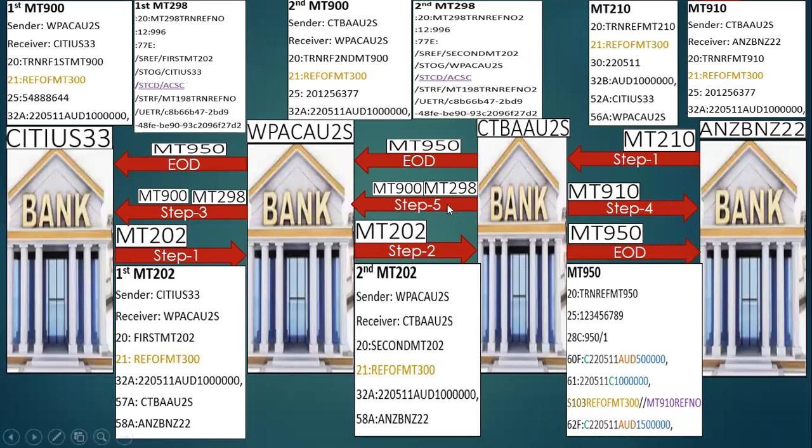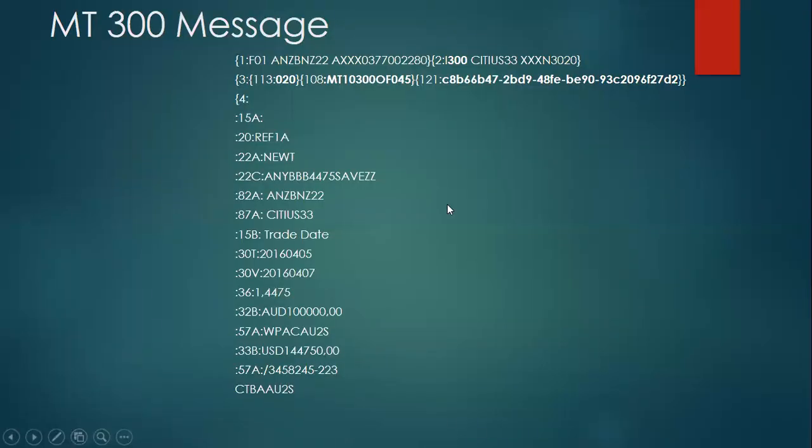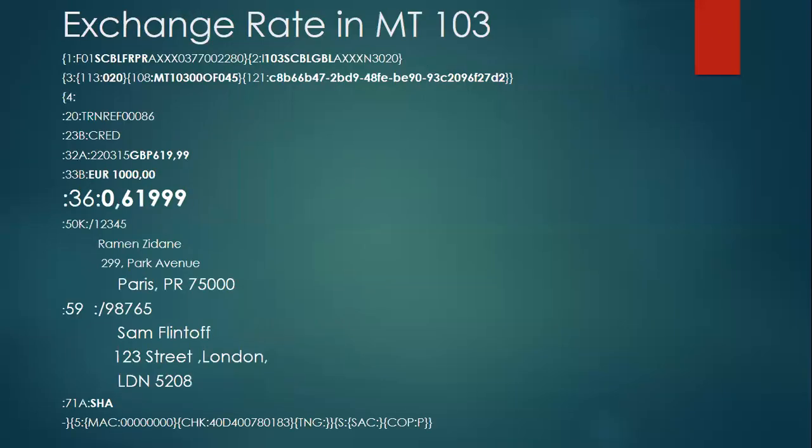If you want to learn in depth about this, this is how your MT300 message would look like. And one more thing before I tell you how you can learn more scenarios: the exchange rate field 36 in MT103 is also a part of your deal booking, spot foreign currency buy, right? So that is how you will be able to see this 36, which is your exchange rate.